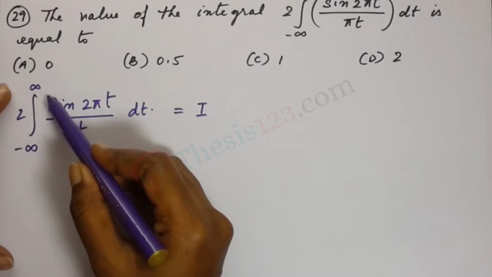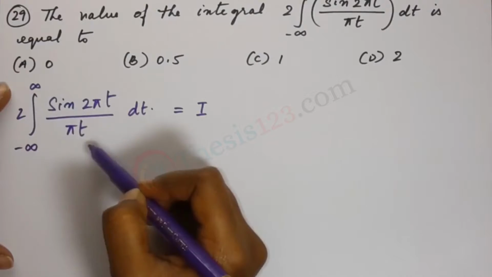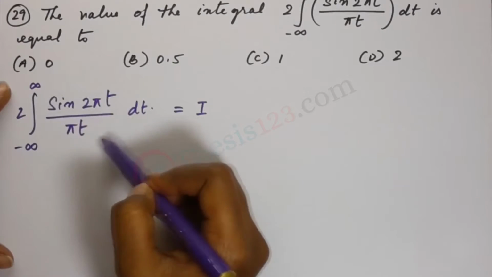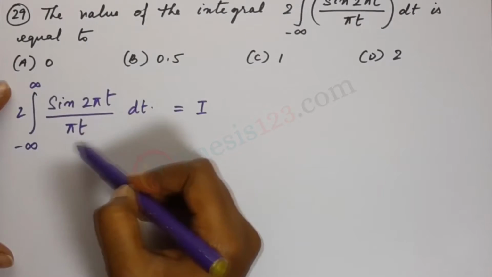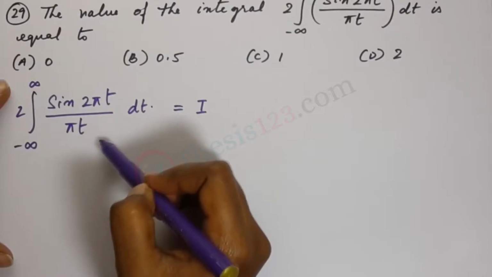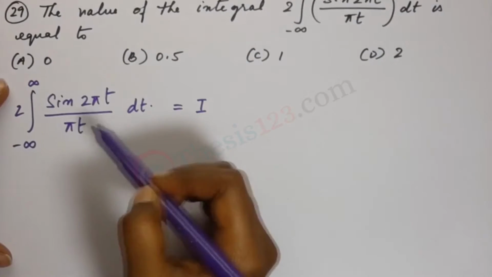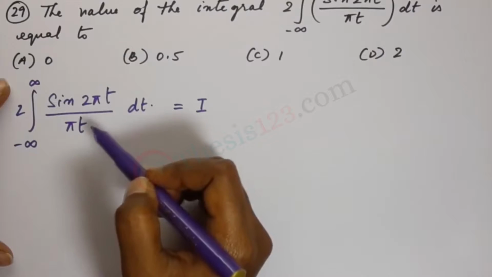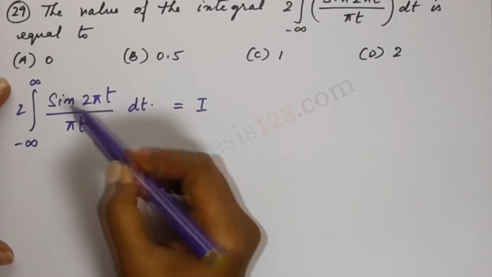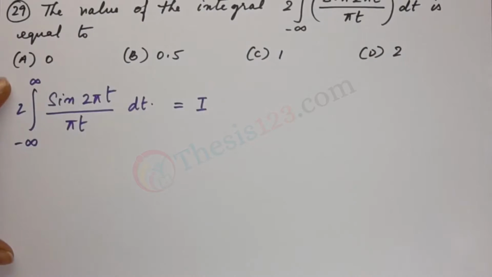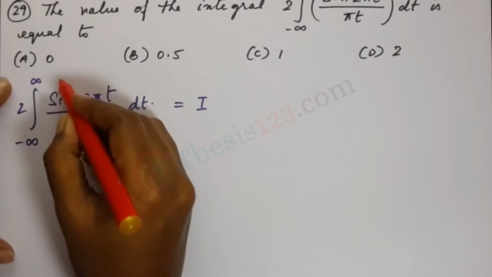Now look at the portion within the integral given to us: sine 2 pi t by pi t. This is an even function. You know sine by itself is an odd function, but here, since it is 2 pi t by pi t, the entire expression is an even function.